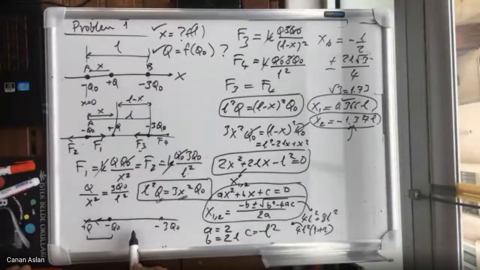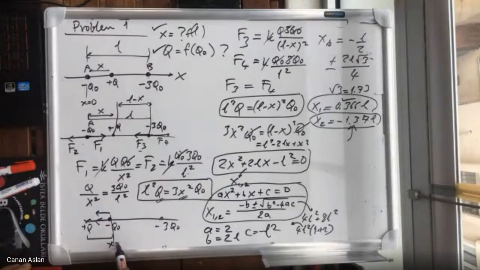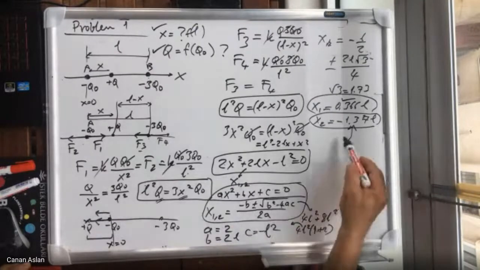But for this one, minus will push the minus, so this is not attraction but repulsive force, so that these two will push each other. So basically the force due to minus 3Q0 will be also in this direction. There is no way that these two forces will be able to cancel each other, because they are all in the left direction. So this is impossible. Remember, this is x equals 0, this is a minus value. So this is not accepted.